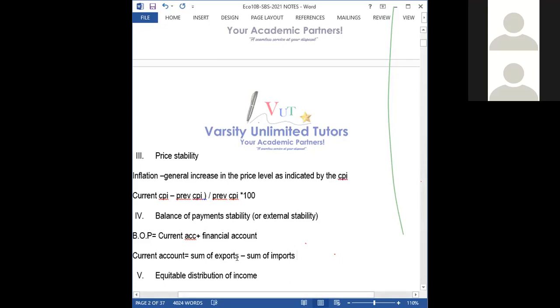So I've just said exports. So these exports include your goods and services. So the sum of your goods and the sum of your services in terms of exports, minus the sum of goods and services in terms of your imports, would give you what we refer to as the current account.